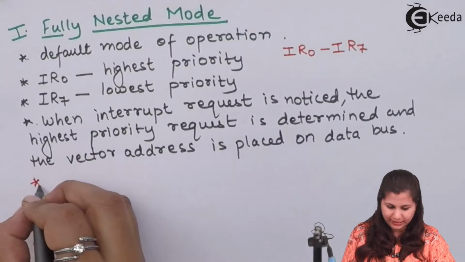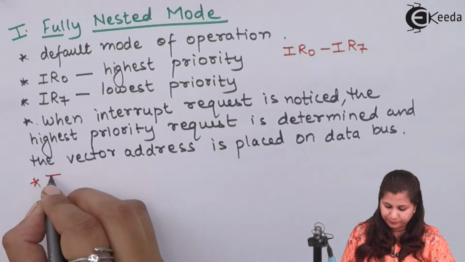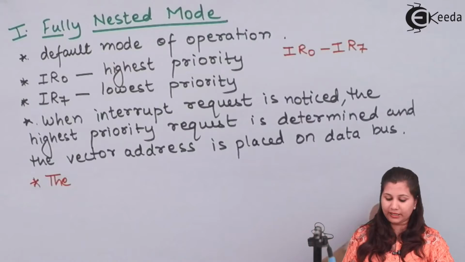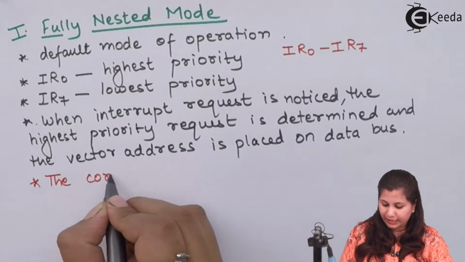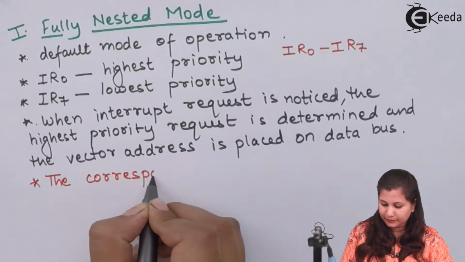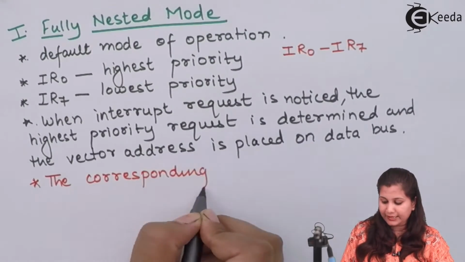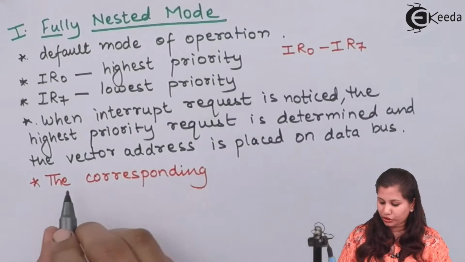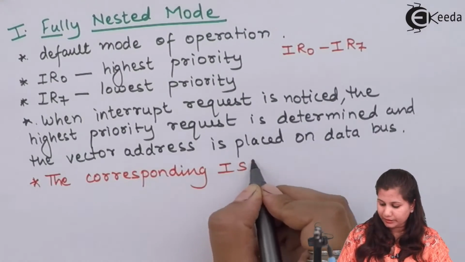So here we can say that because the vector address is placed on the data bus, the corresponding ISR bit, meaning the in-service register bit, is set.